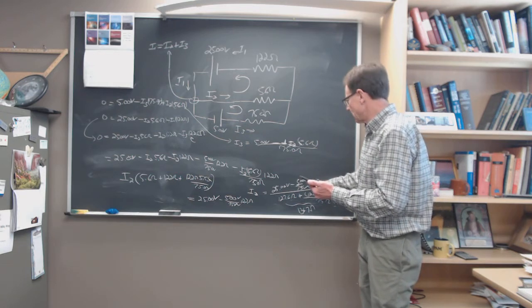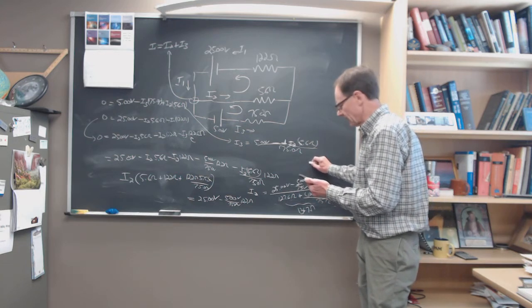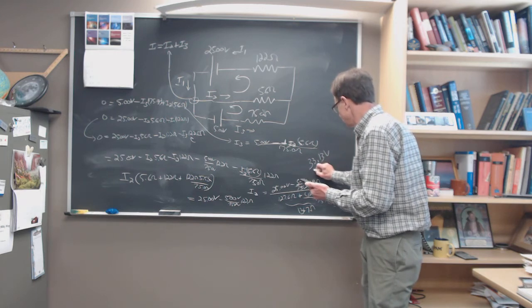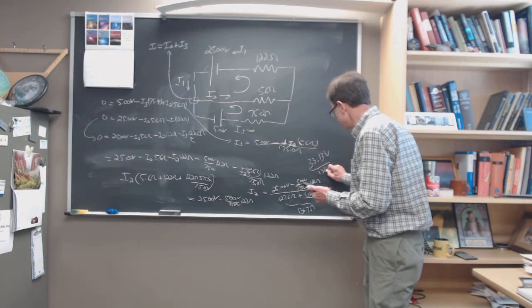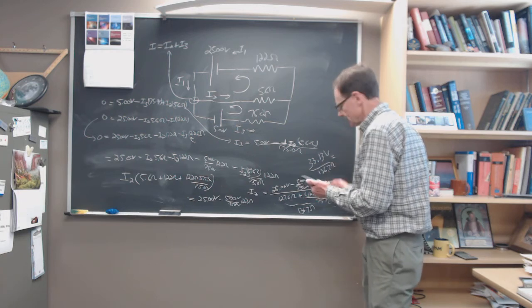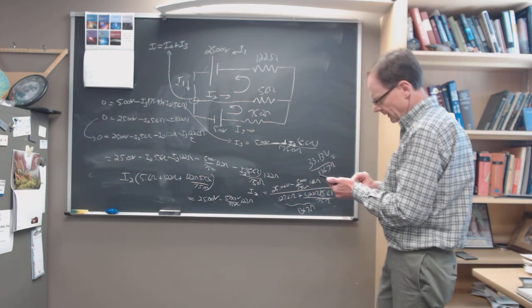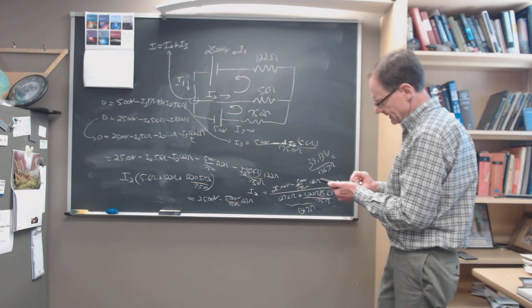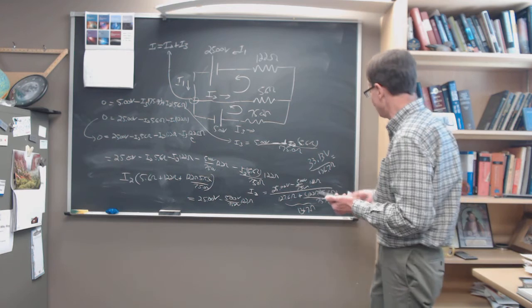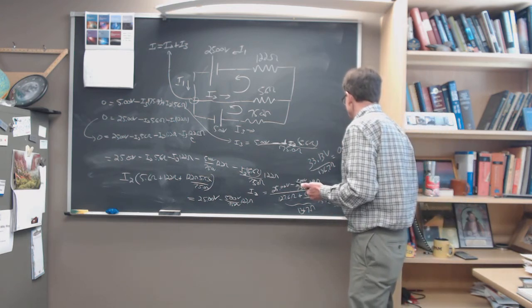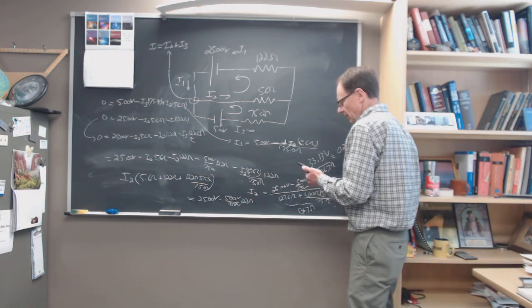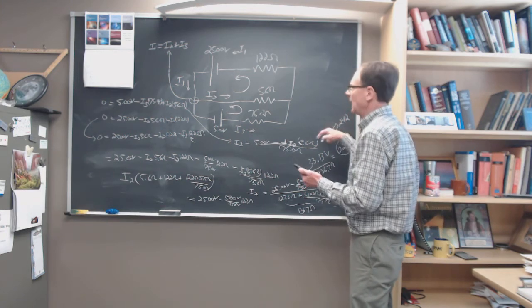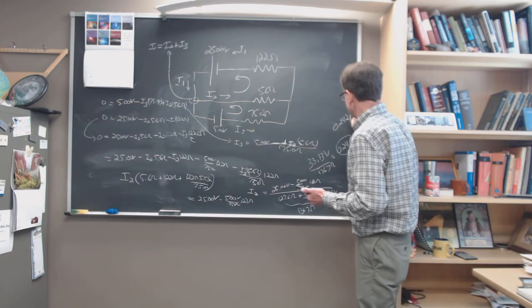So this whole thing looks like 33.13 volts divided by 136.7 ohms, which is 0.24 amps. 0.242 if you want to keep an extra digit or two as you do the rest of your calculations.